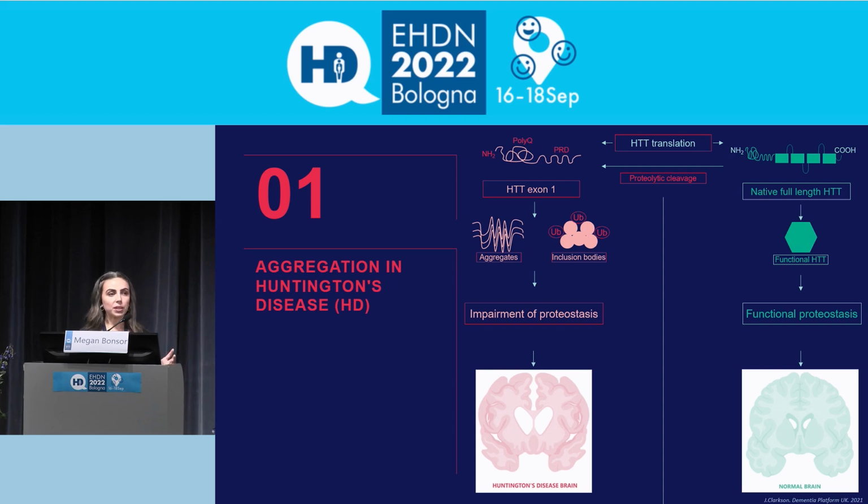However, the link between aggregation and neurodegeneration is not so clear-cut. For example, some of the neurons that degenerate the fastest and the most severely, such as the medium spiny neurons, do not necessarily have the most amount of Huntingtin exon 1 aggregates. So therefore, there's quite a lot of unanswered questions regarding aggregation in Huntington's disease.